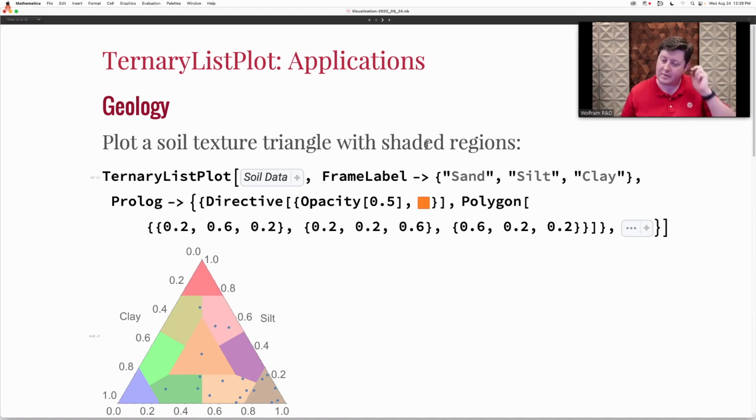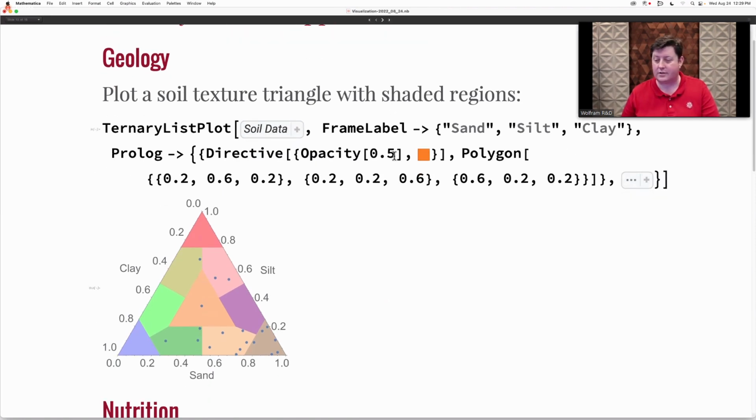It was really sort of interesting because, traditionally, the oldest versions of this type of plot that I know of were basically color mixing. More recently, it's come up a lot in geology and looking at soil texture and soil composition of sand, clay, and silt. To the point that the USGS has sort of named categories for different regions in this triangle, which we've recreated here.